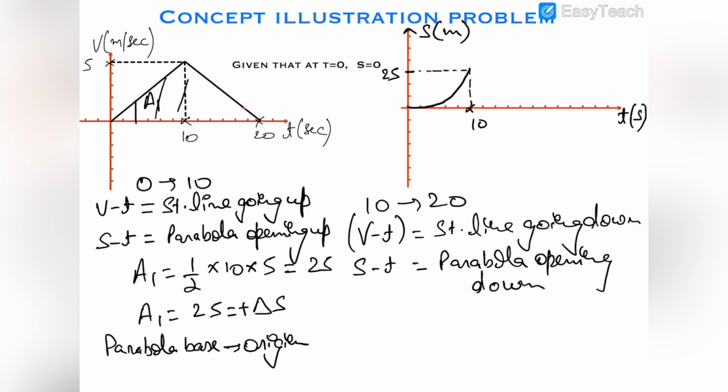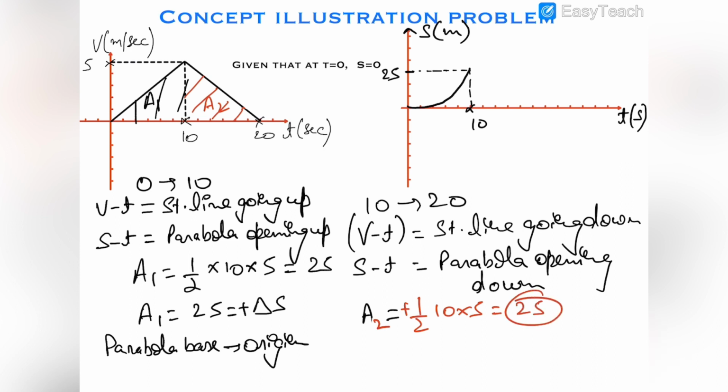But you can see that again the area of this graph is above the time axis. So this area is A2, and A2 is also plus of 10 into 5, which is 25.